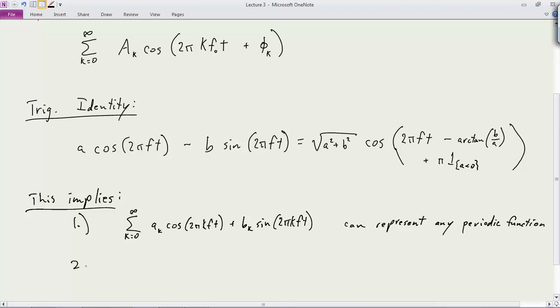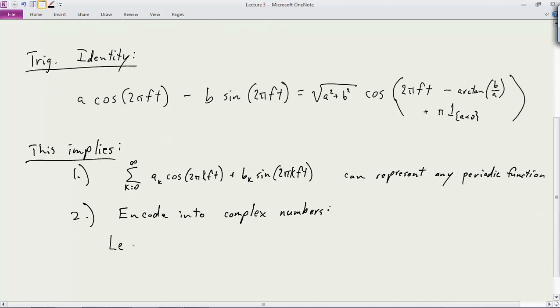Another thing to notice is that we could encode these coefficients into complex numbers. What we mean by that is let's let CKs be a sequence of complex numbers. And we'll use the following to derive our CKs.